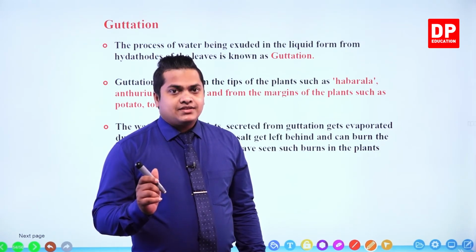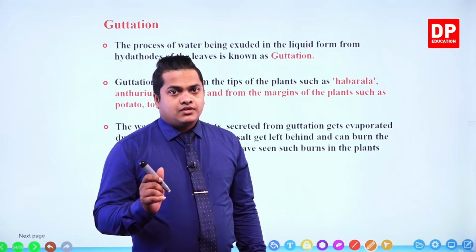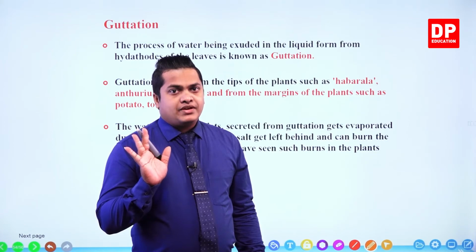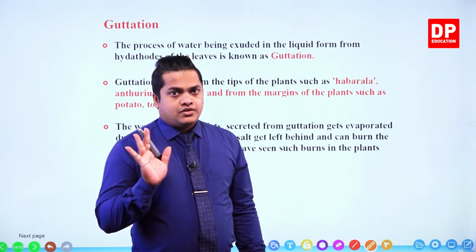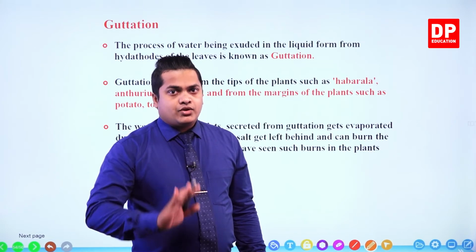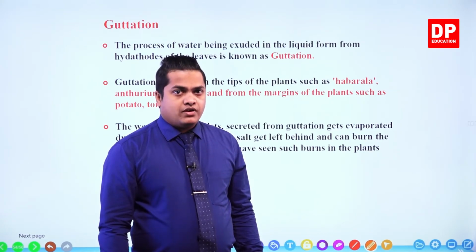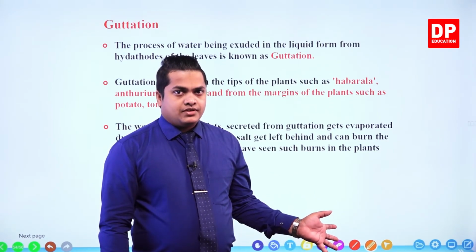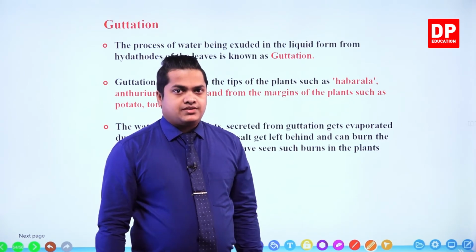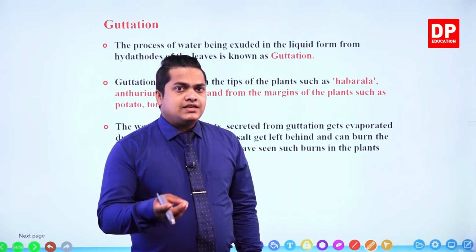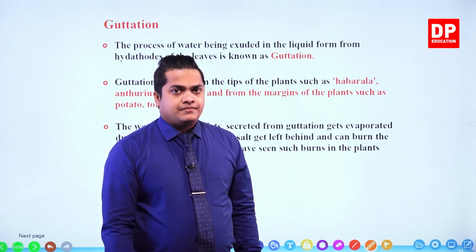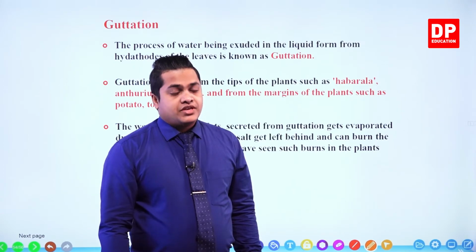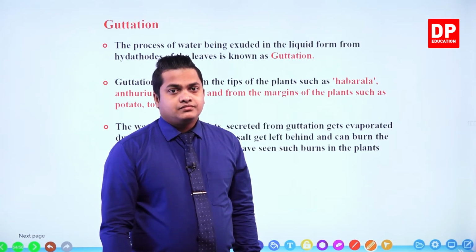But in the transpiration process, only the water vapor is getting expelled, my dear children. Salts and minerals are not expelled during transpiration. However, as the water is going out in the droplet state during the guttation process, minerals and salts are also going to be released.